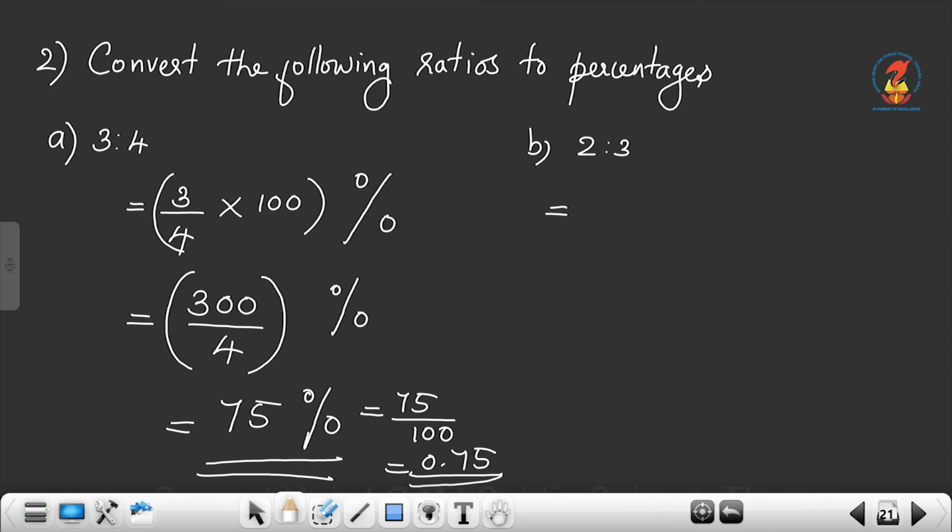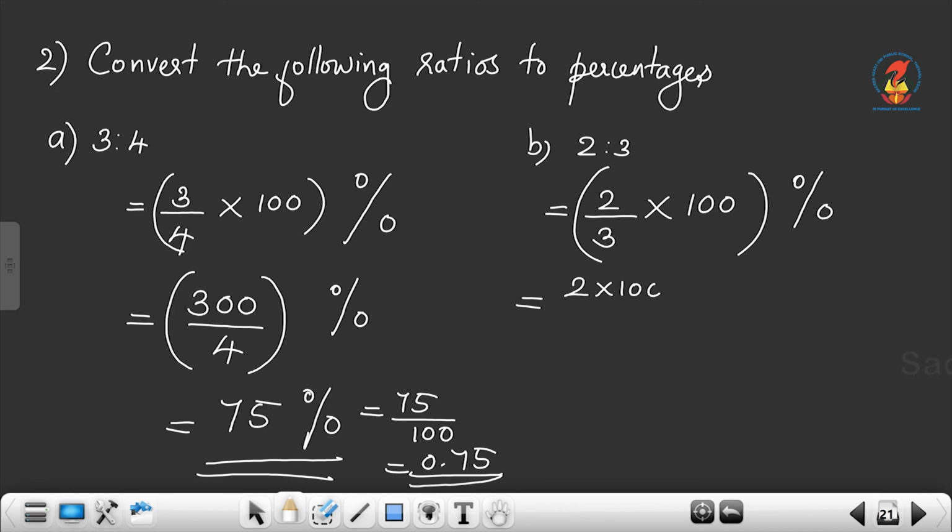Now 2 by 3. 2 by 3 means it is 2 is to 3. 2 is to 3 we can express in the form of a fraction, that is 2 by 3. How to convert it to percentage? Multiply with 100 and attach the percentage symbol. So which is equal to 2 into 100 by 3, then which is equal to 200 by 3.